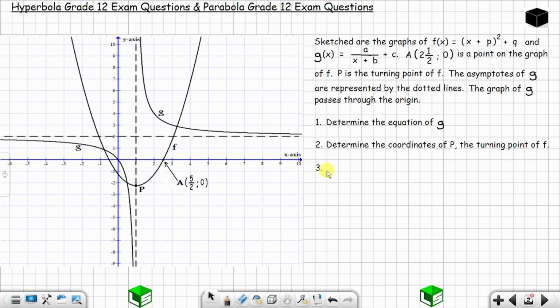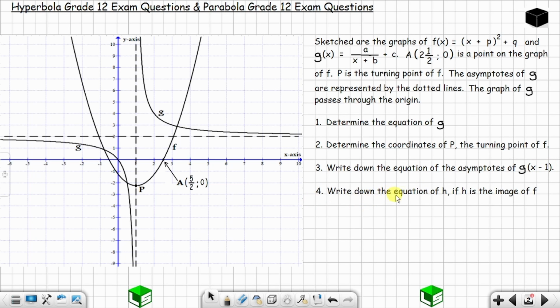Question 3, write down the equation of the asymptote of g of x minus 1. Question 4, write down the equation of h if h is the image of f reflected about the x-axis. So you have 4 questions to solve. Let's get started on the next slide.